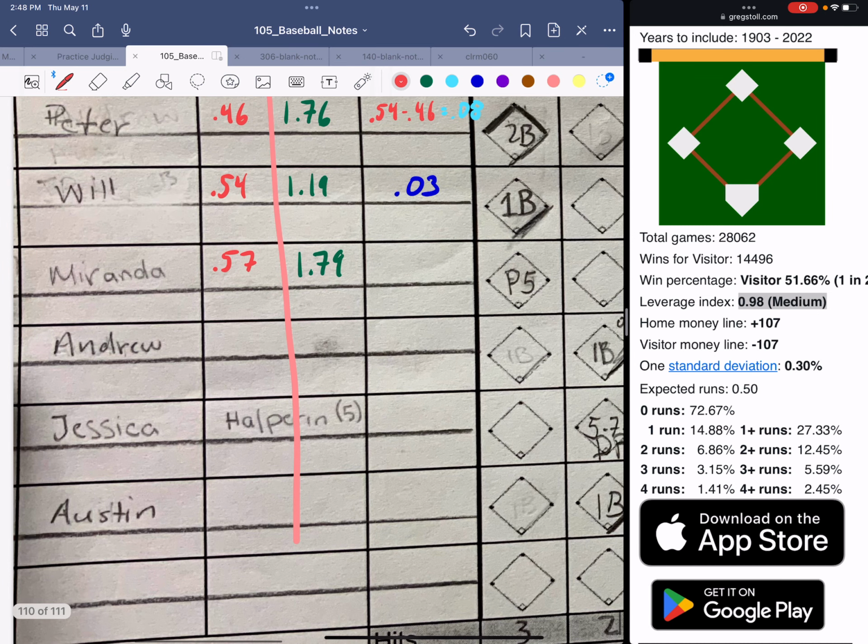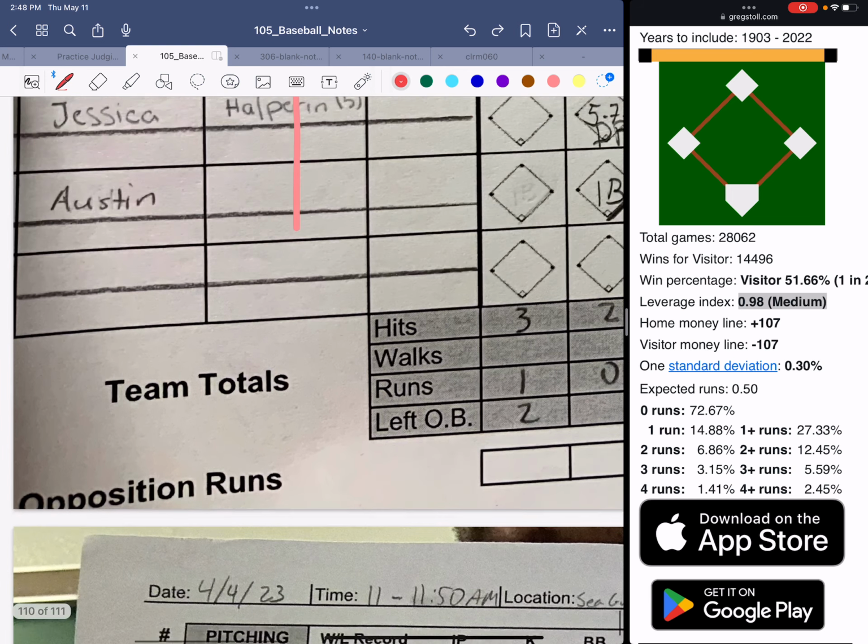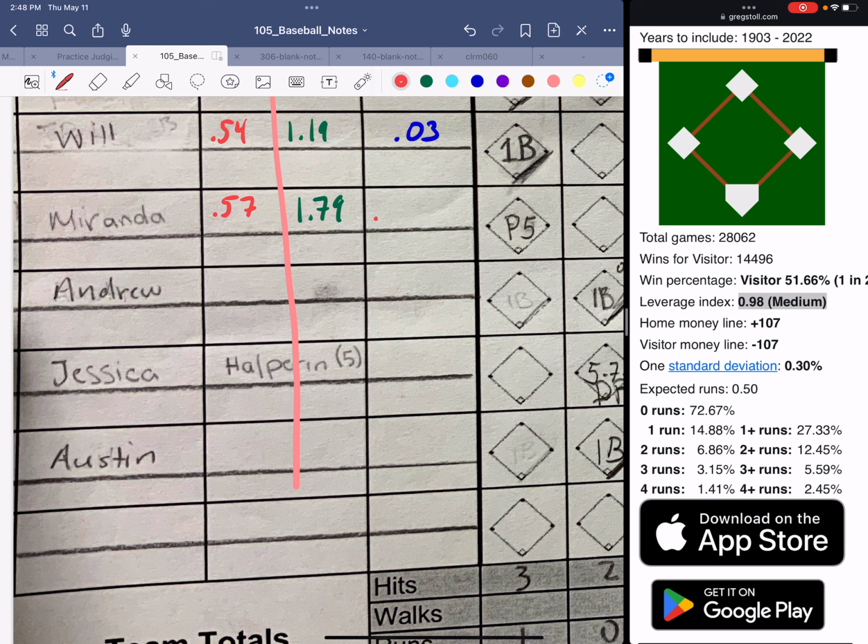So if we go back here, Miranda's win probability added is going to be, let's do this color, it's going to be, what was that again? 0.48 minus 0.57, which is, now let's use blue for this one, negative 0.09.